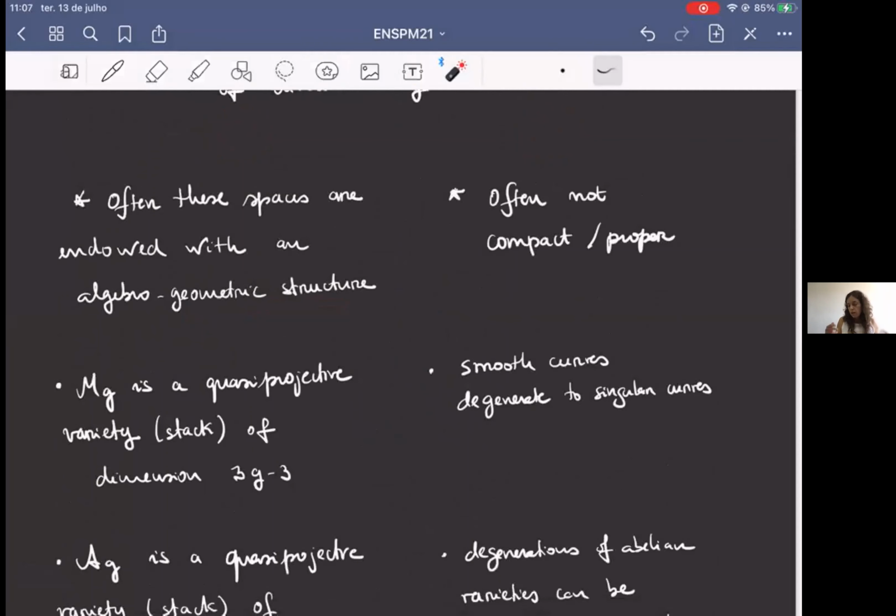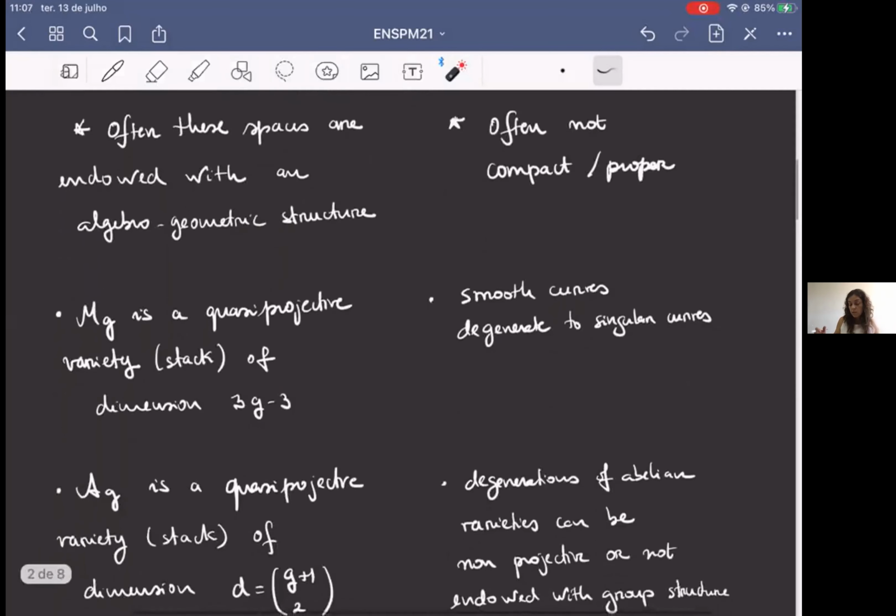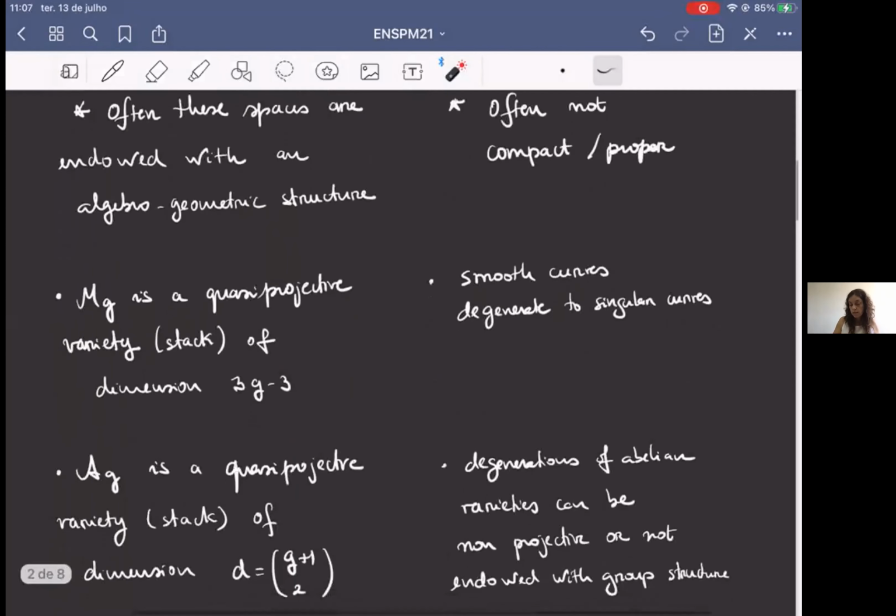It's of course very good to have compact algebro-geometric spaces, so you can do integrals, for instance. But of course, you want a nice compactification, so you can work with it properly with your techniques. And for some spaces, this is possible. The best known case is M_g.